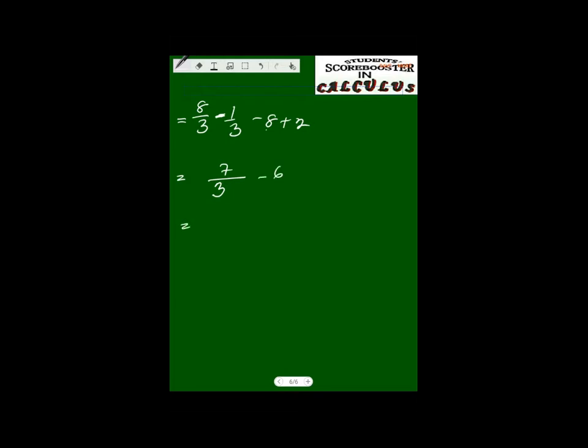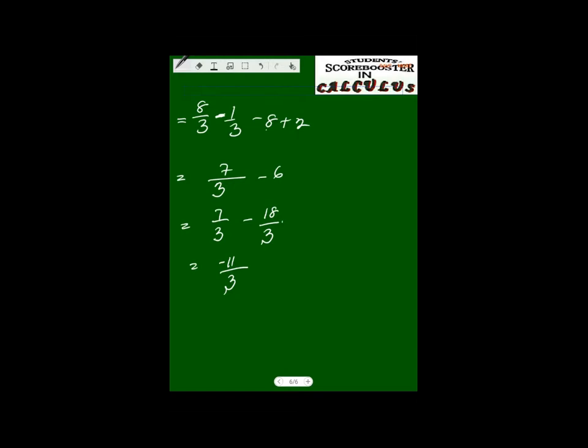Now another thing is, instead of finding the LCM and so on, I think it's easy to just write this form: minus 18 over 3. 18 over 3 is the same thing as 6, so we just have 7 minus 18, which is minus 11, over 3. 7 minus 18 is minus 11, and 3 here, just write the 3.